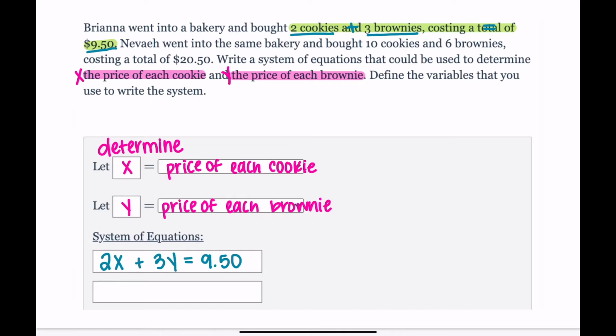Then we know that Nevaeh went in and she bought 10 cookies and 6 brownies, which cost $20.50. So 10 cookies times however much a cookie costs plus 6 times the cost of a brownie equals $20.50. So those are our 2 equations.